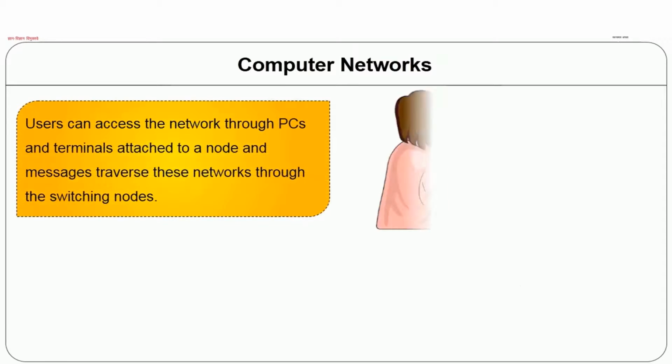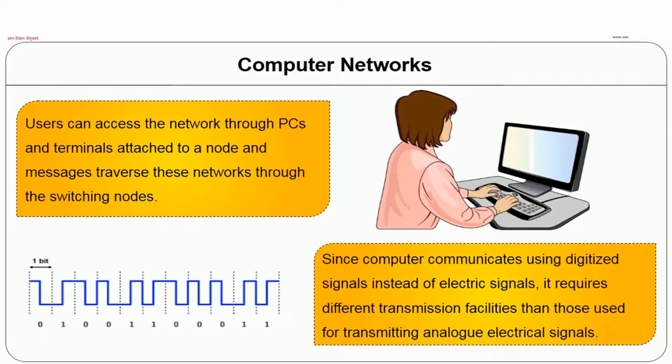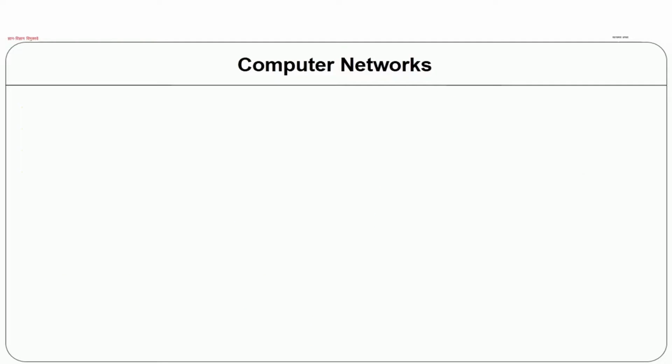Users can access the network through PCs and terminals attached to a node, and messages traverse these networks through the switching nodes. Computers communicate using digitized signals instead of electric signals. It requires different transmission facilities than those used for transmitting analog electrical signals.